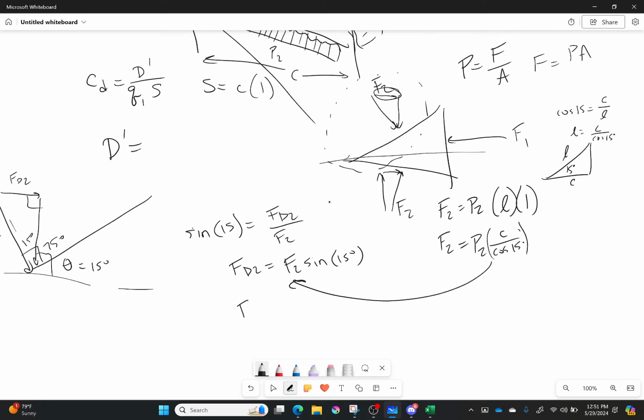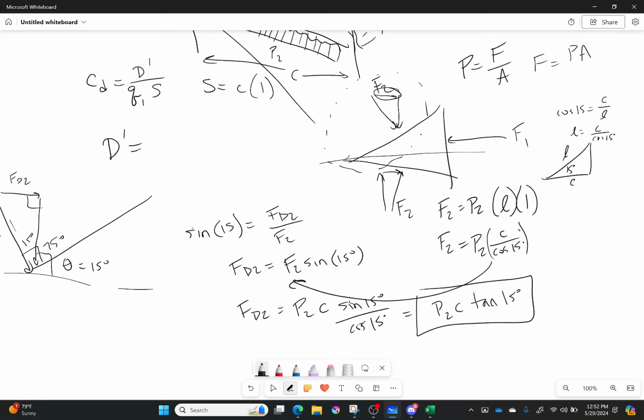And so I get that force drag 2 is going to be equal to P2 times C times sine of 15 degrees over cosine of 15 degrees, which is simply equal to P2 times the chord times tan of 15 degrees. Okay, so you can see how we're starting to make progress here, right? We have force drag 2 right there. Now we need to get force drag 1.